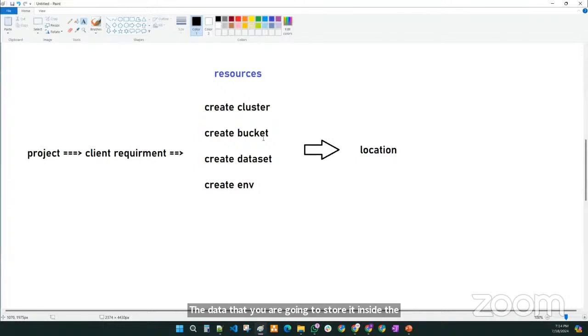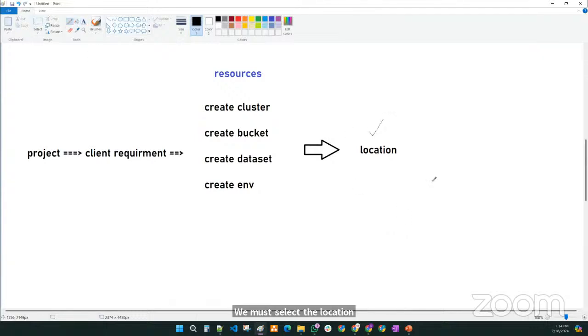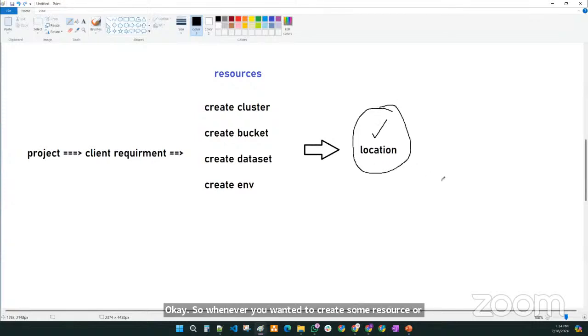Where you want to physically store it, that is what we call a location. Whenever you want to create or deploy some resource, you have to properly select a location.